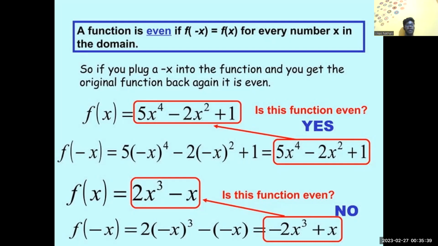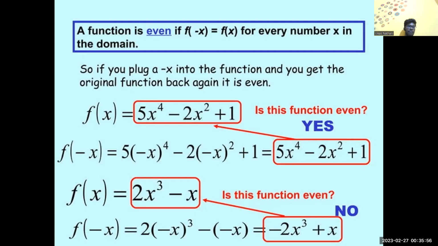If we put -x in place of x, the question is f(x) = 5x^4 - 2x^2 + 1. We need to check whether this is an even or an odd function.